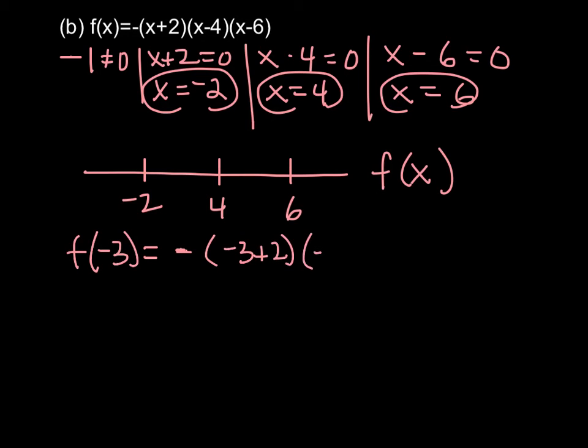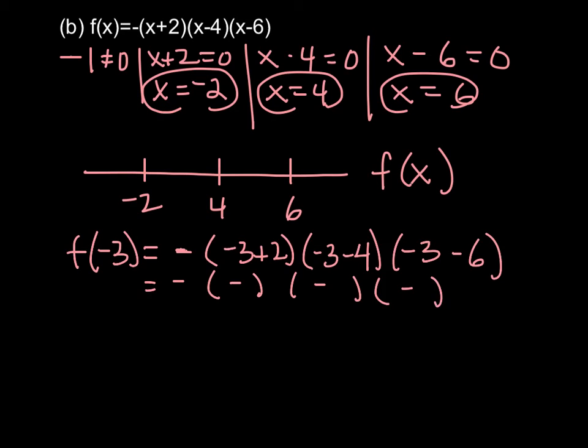Then -3 into the second set of parentheses, -4. And then -3 into the last set of parentheses, -6. Alrighty, so I have a negative here, times a negative, times another negative, times another negative. So I have 4 negatives, which gives me a positive in that first spot there.